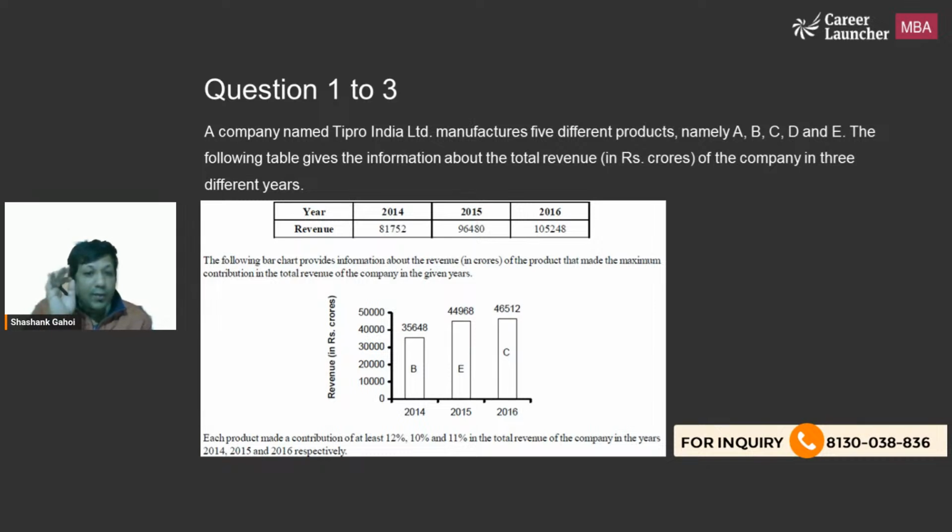So in 2014, B made the highest contribution, that is 35,648 out of 81,752. Similarly, in 2015 the highest revenue is generated by 44,968 out of 96,000. So this is something that is given to us.